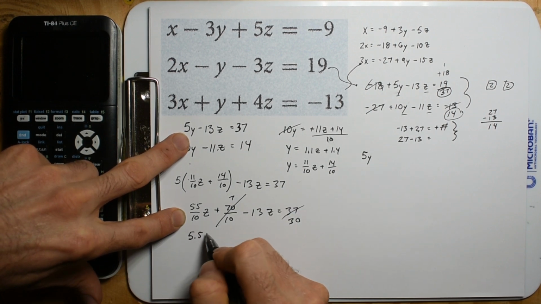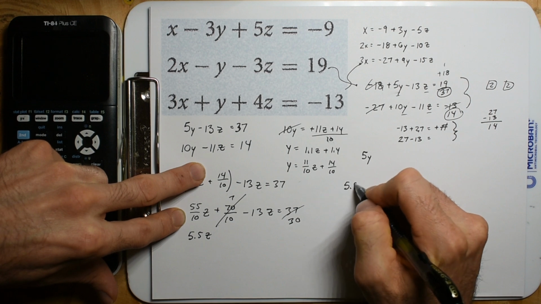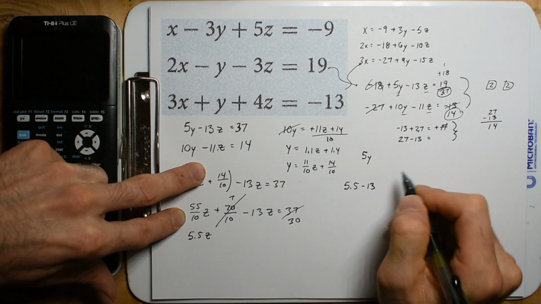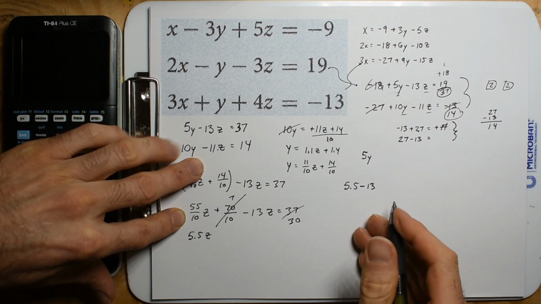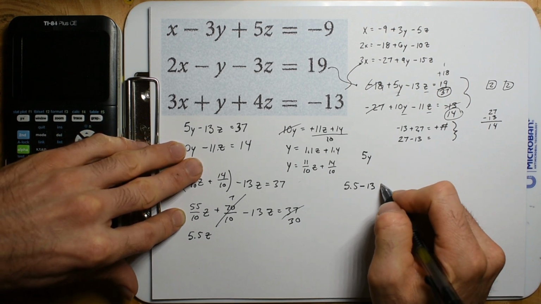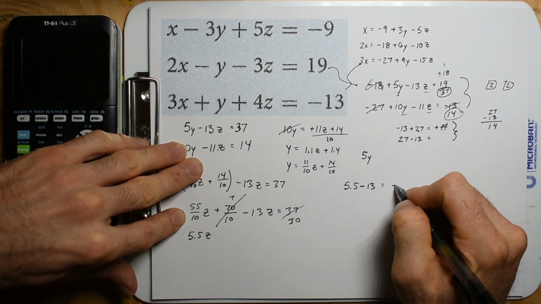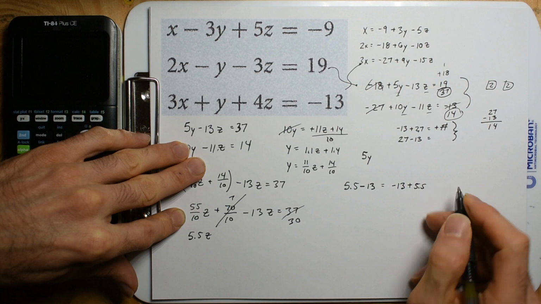So we got 5.5z minus 13. Let's do that again, 5.5 minus 13. Oh yeah, this is a bummer because now we're going to get into a negative number. Could we move this around too? Could we say this is negative 13 plus 5.5? That doesn't really help us though.